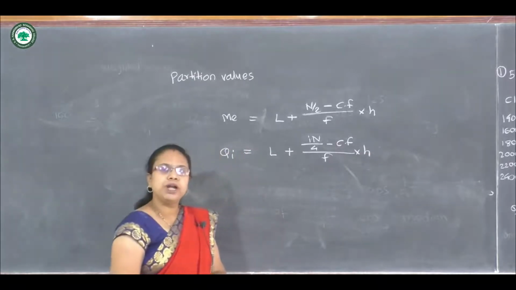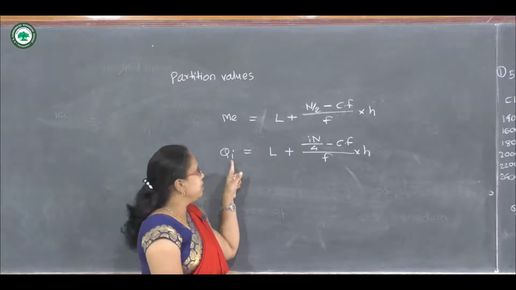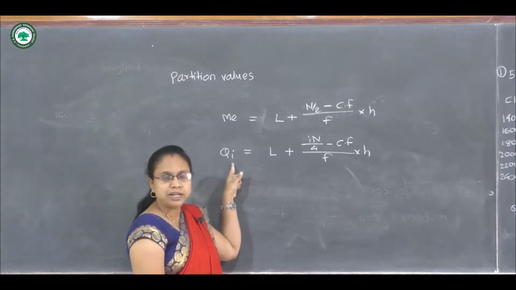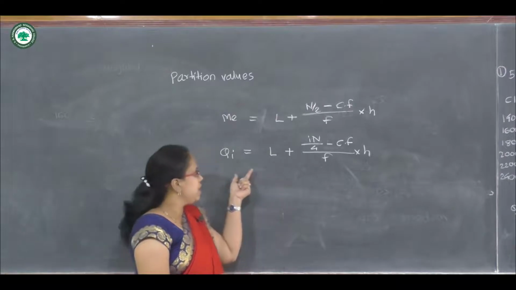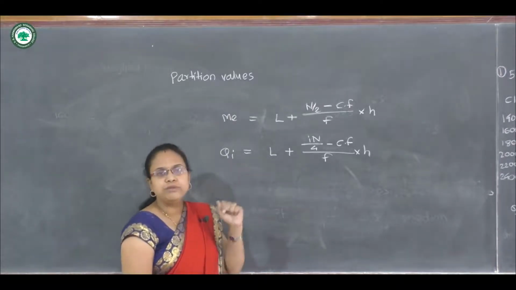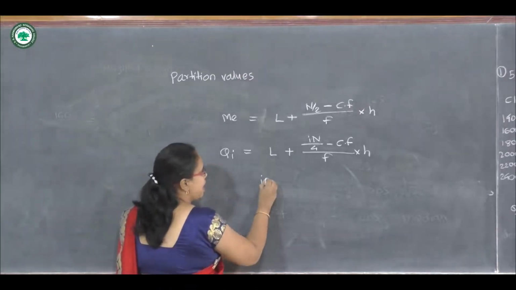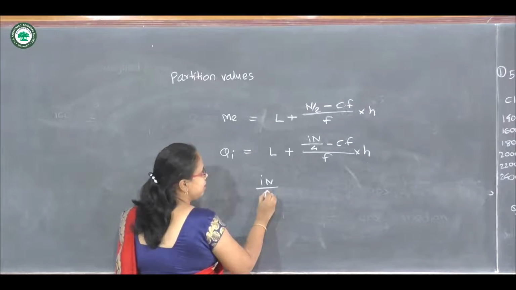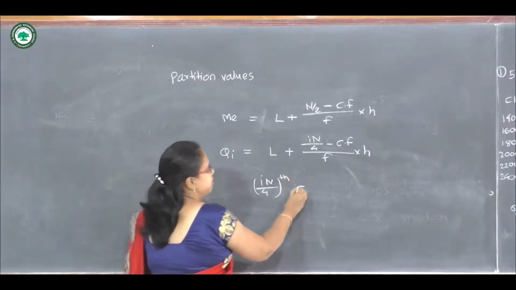So this is the formula to calculate quartiles. If we want to find the first quartile, first we have to find out the class where the first quartile value will lie. Means we have to first obtain the i into n upon 4th observation.